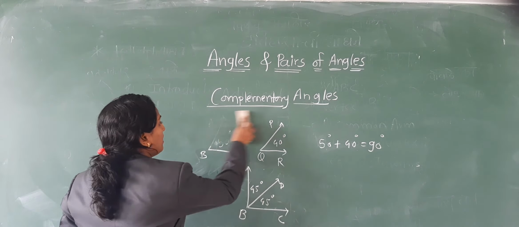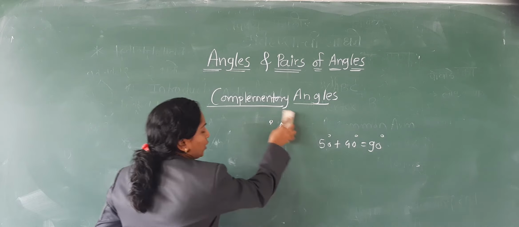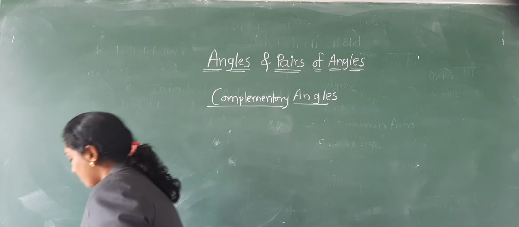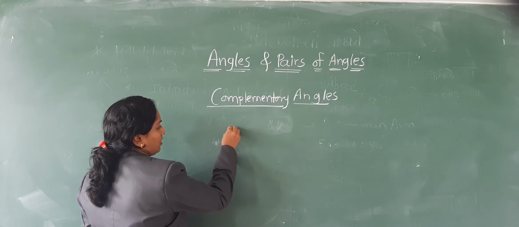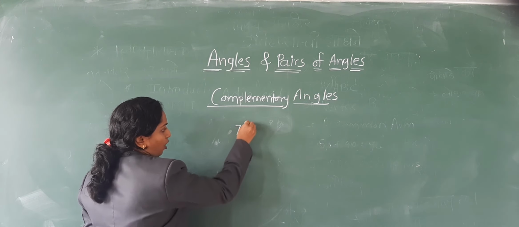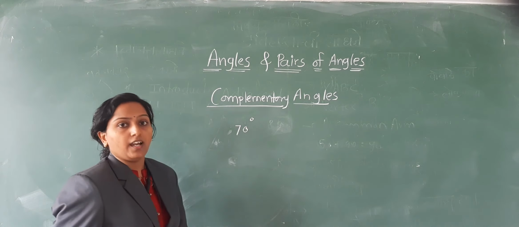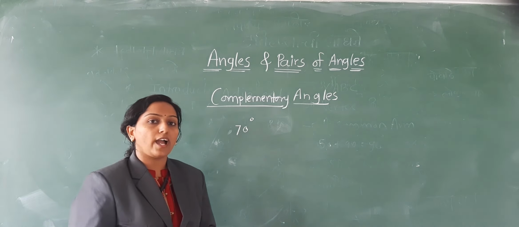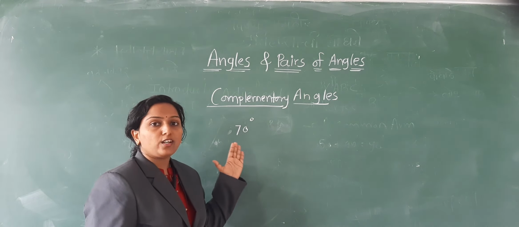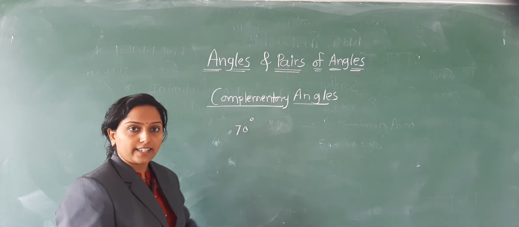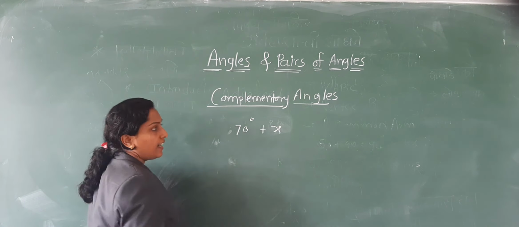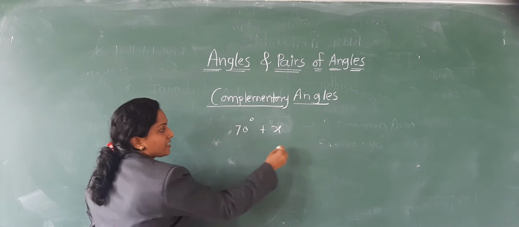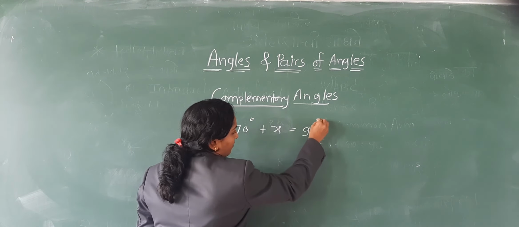Now, I will give you one example here. Suppose one angle is of 70 degrees, and in the exam they ask you to find the complement of 70 degrees. At that time you have to consider the other angle as x, and since they are complementary, the sum is 90 degrees.